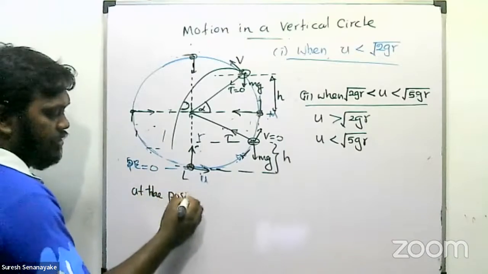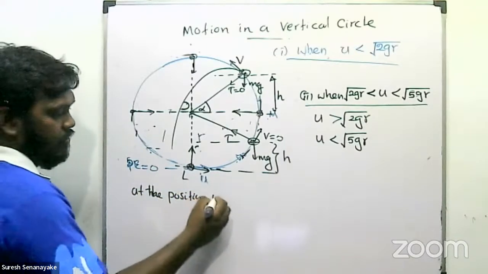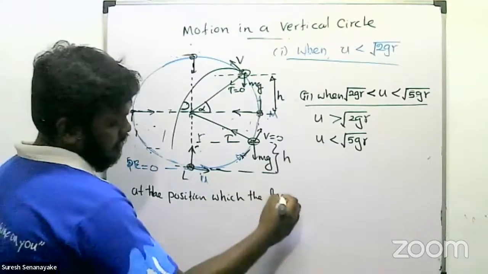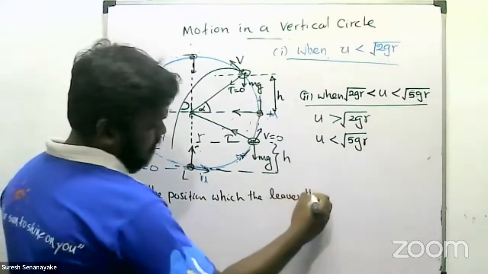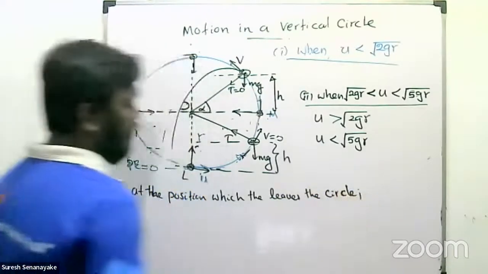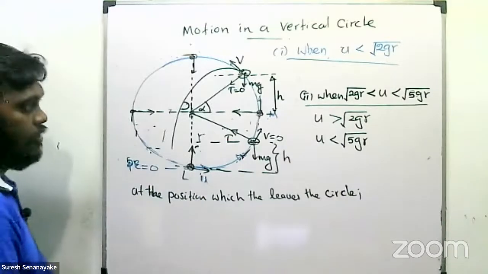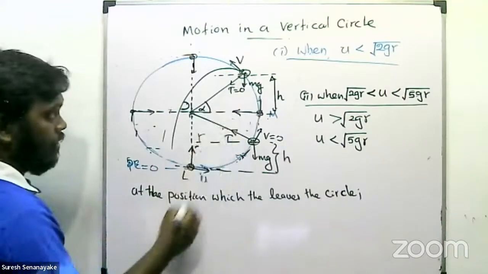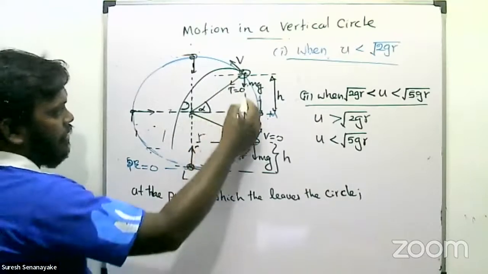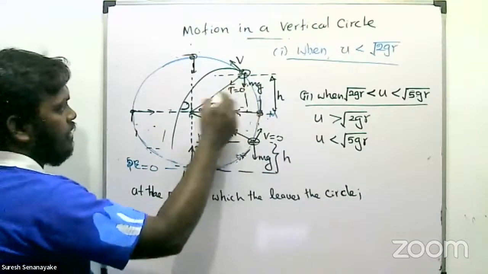At the position at which the body leaves the surface, leaves the circle, you can write no tension. I'm taking this angle as alpha, 90 minus alpha then.